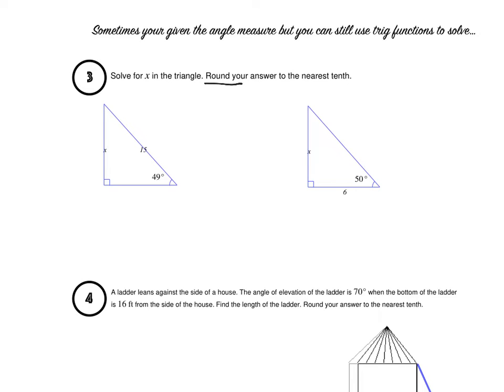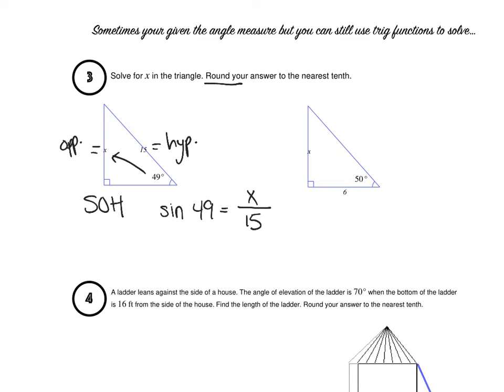So first of all, let's label what we have. 15 is the hypotenuse, so that's our h, and x is opposite of that angle, 49 degrees. So that tells me I'm going to use sine because that stands for the SO in SOHCAHTOA. So when I set this up, I'm going to say sine of 49 degrees is equal to, opposite is x, over hypotenuse is 15.